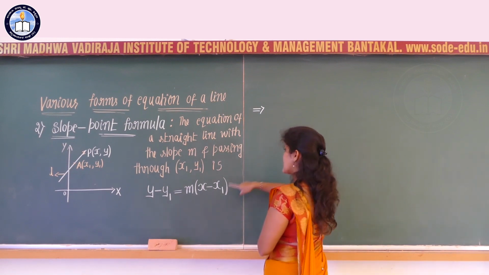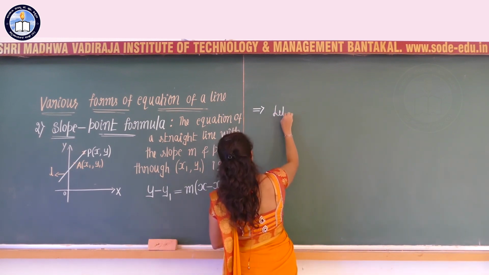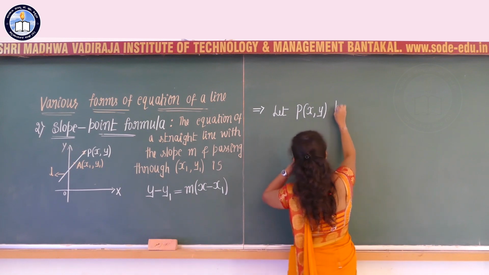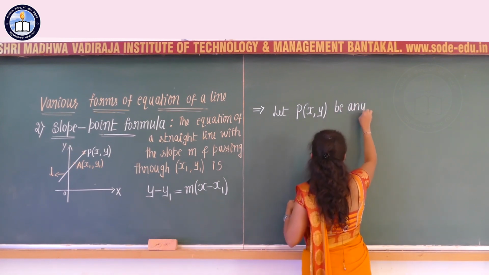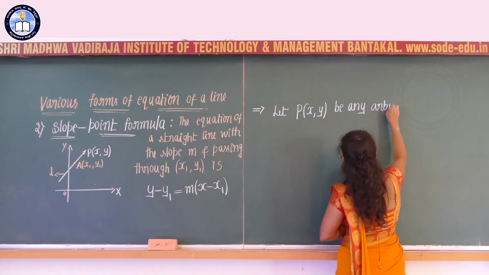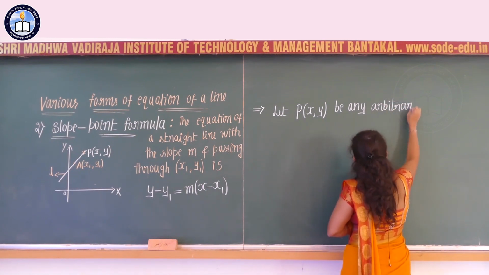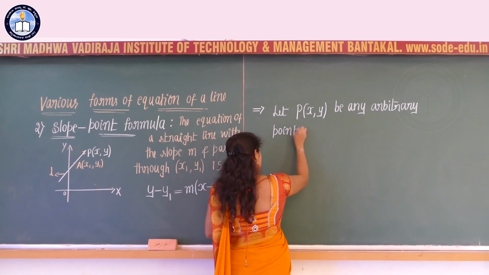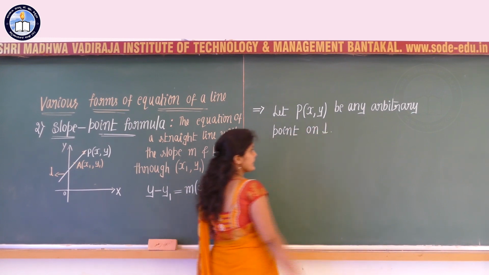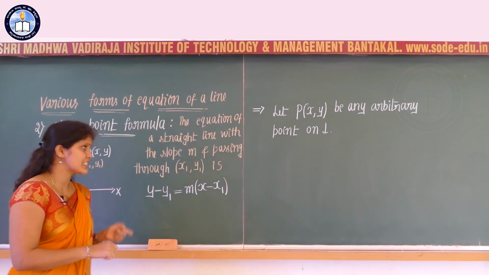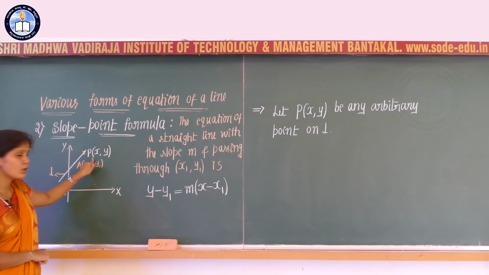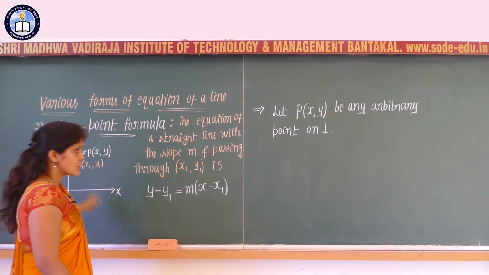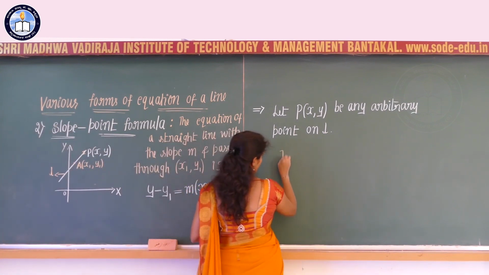Let P of x comma y be any arbitrary point on the line L. That is, you are considering one random point, that is P of x comma y, and one point is given, that is A, and the line passes through this point. So, I can write the expression for slope m.